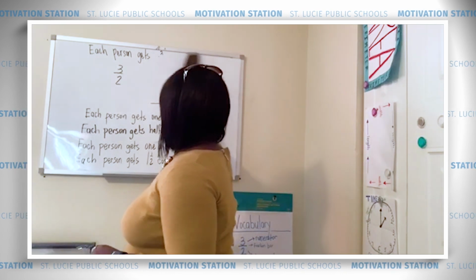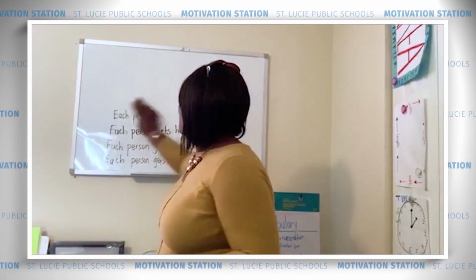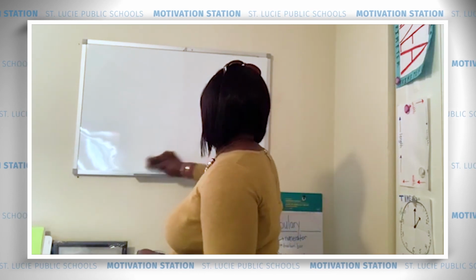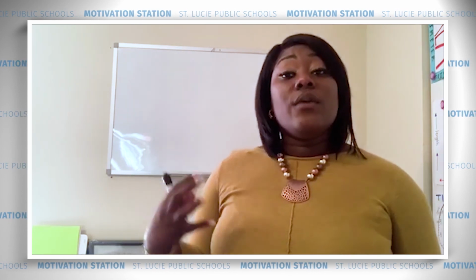So what we're looking at is how to represent improper fractions and mixed numbers using fraction circles. And we're also understanding that you can represent a fraction 2 different ways. And those 2 representations are equivalent to each other.